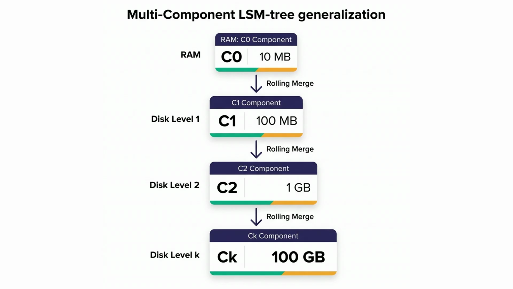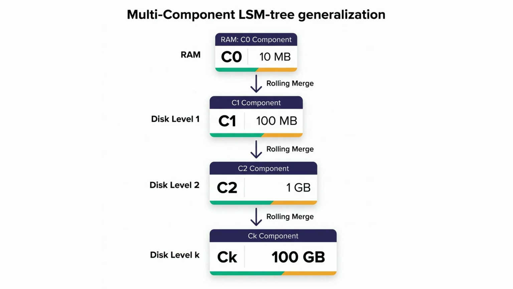And data in C1 is definitively newer than data in C2. So during a rolling merge, if the engine finds the exact same user ID in both components, the value from the upper newer tier simply overwrites the lower tier. And the older version is permanently thrown away? Exactly. The concept of sequence numbers, which allow modern databases to keep track of historical versions to take snapshots, wasn't formally integrated into LSM trees until industrial implementations came along years later.